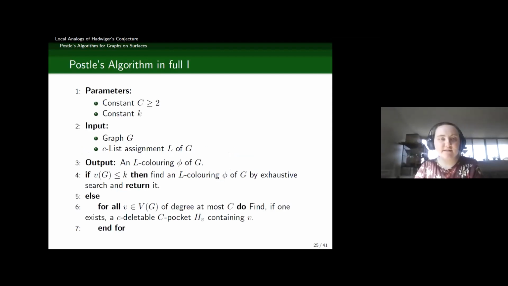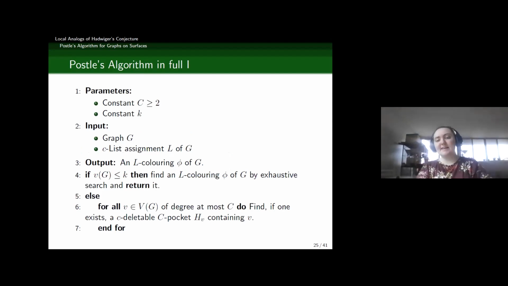So here's the full algorithm. In Postle's version for graphs on surfaces and graphs in the plane, more specifically, he has an extra condition that when the graph is very small, he just brute forces it. We don't end up using that, but it's an option.